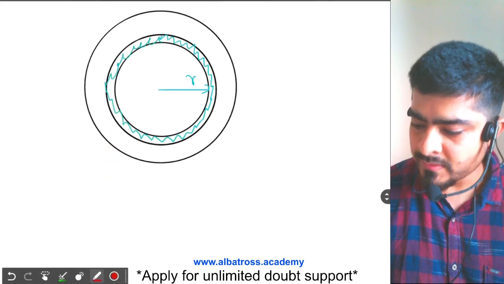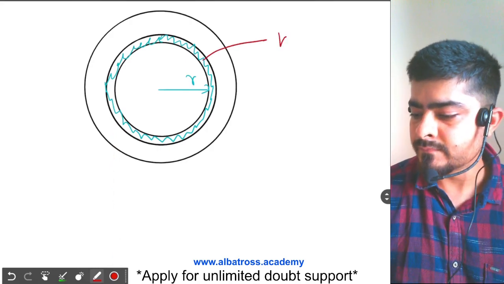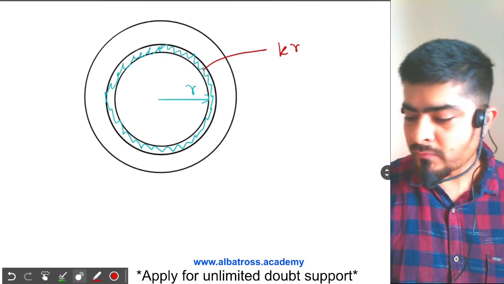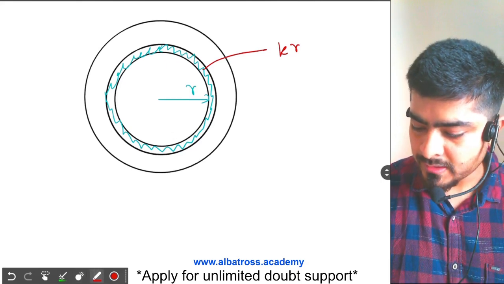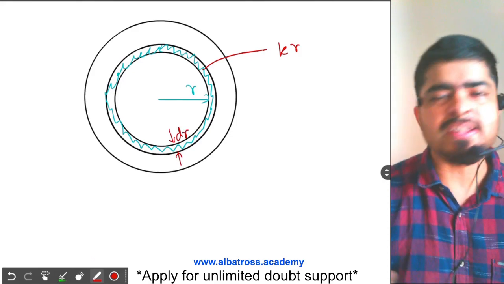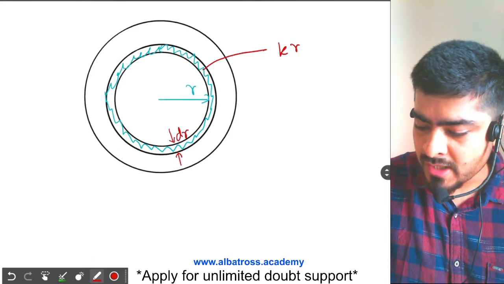The charge density of the shell will be kr. So I can find the charge of the shell if I know the volume of the shell. Let's say the thickness of the shell is dr, very small thickness compared to the radius r.